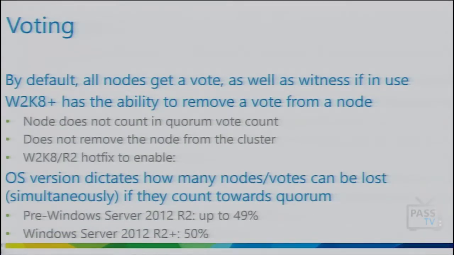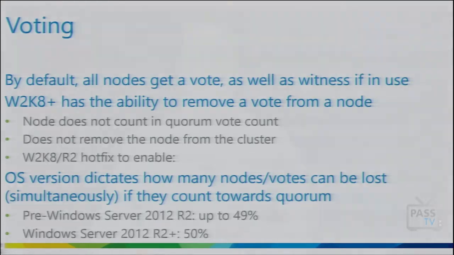But when it comes to votes, how many things you can lose does depend on your operating system. Through Windows Server 2012, you could lose simultaneously up to 49%. They made a big change with a few features in Windows Server 2012 R2 so that you could lose up to 50% simultaneously.